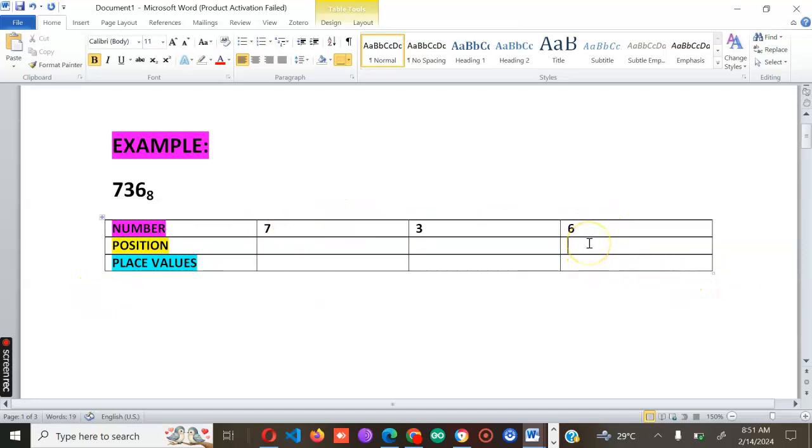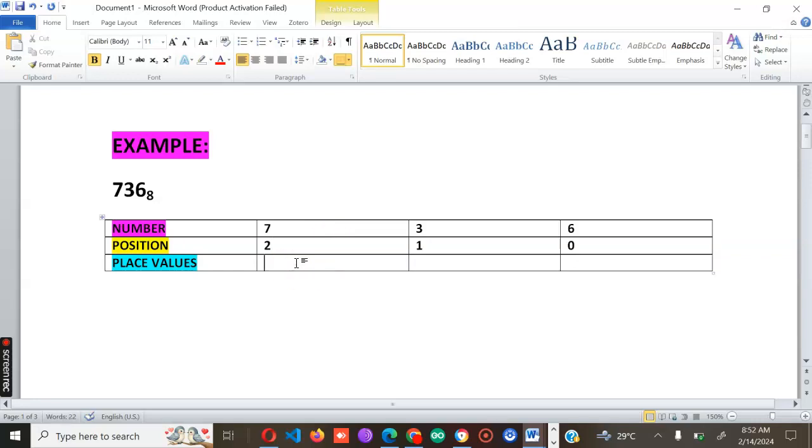So we have said that step number one is to write down the number, then you write the position. The position is 0. You always start counting from the right hand side. Then this is 1, and this is 2. Then the place value.